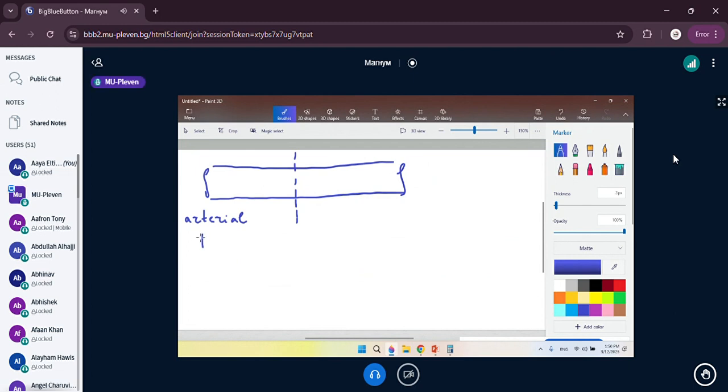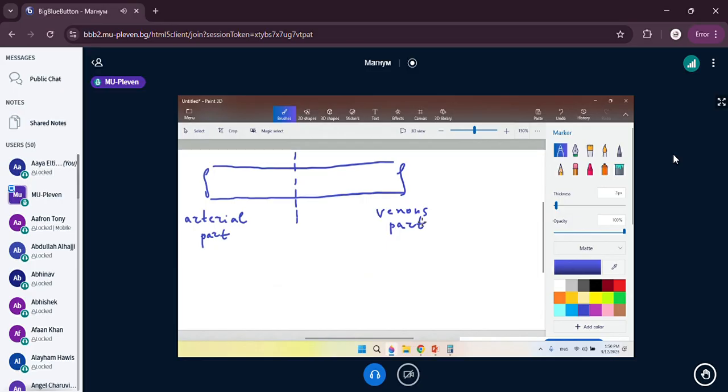Arterial part and venous part, and we have to discuss what are the pressures being experienced there.